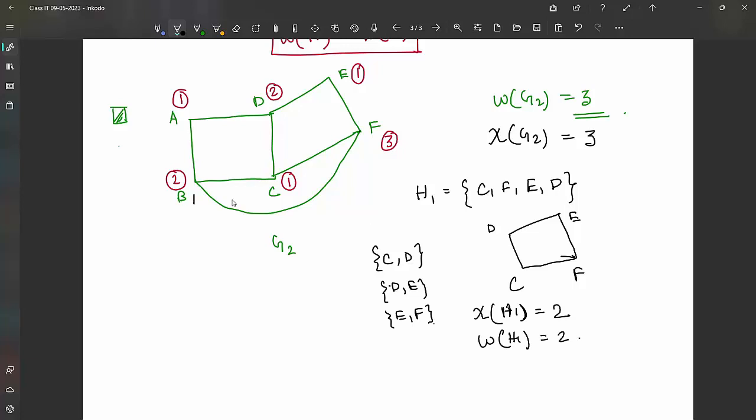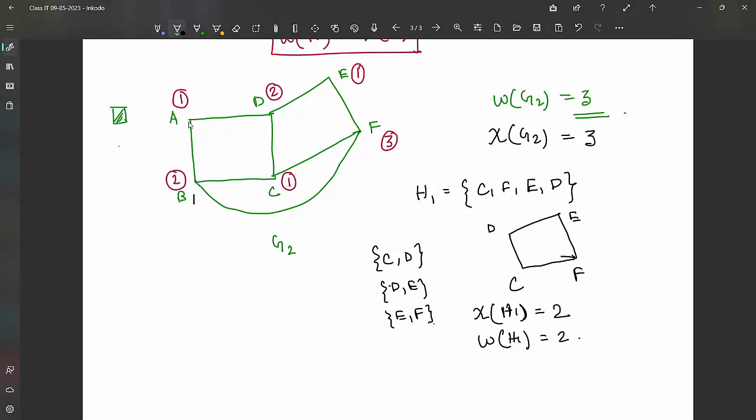And similarly, obviously for any such vertex set, it will be the same. For any such vertex set, its clique number is just the same as its chromatic number. But let's check another set. This cycle holds, and this cycle also holds.